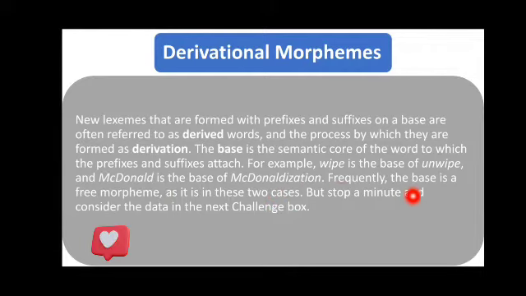Frequently the base is a free morpheme. The word frequently is used here, not all the time. Sometimes the base may be a bound morpheme, as in these two cases. But stop a minute and consider the data in the next challenge box. Let's discuss what is in the challenge box.